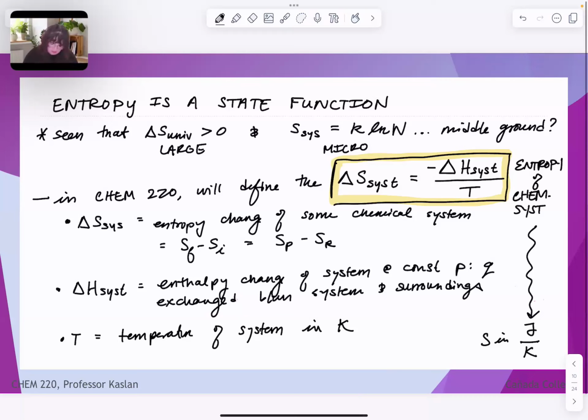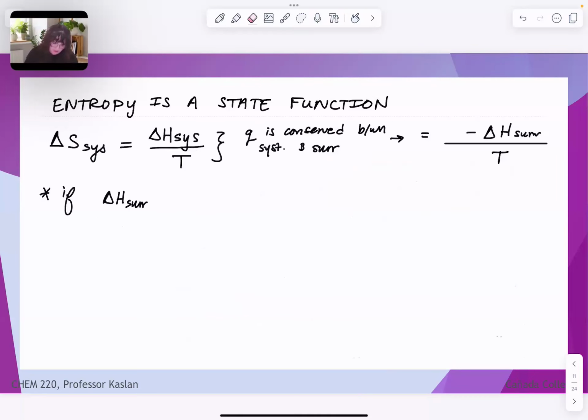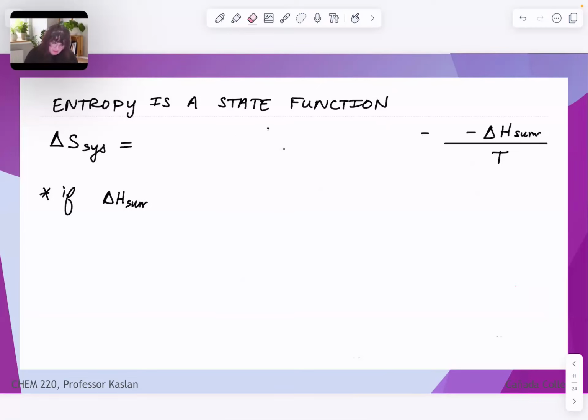exothermic system. So here's what we're doing here. We are saying that delta S can be thought of just like a change in enthalpy. So a state function, a change between states, is the same as the change in the universe minus the change in the surroundings.